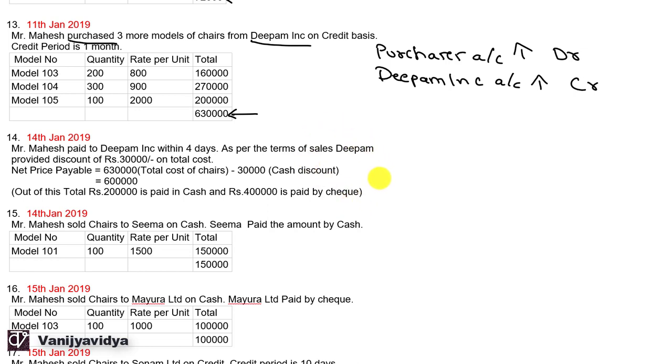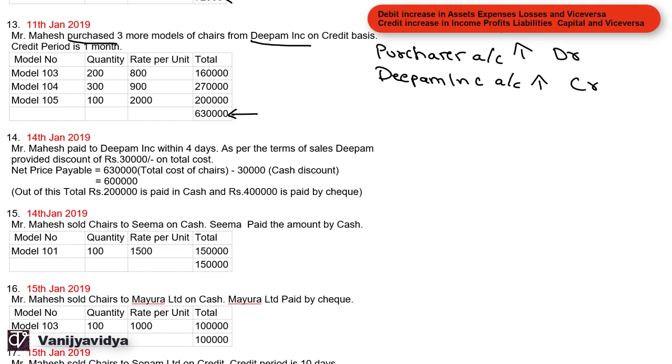Now since Mahesh had funds, what he decided was he'll pay Deepam Inc. immediately, that is within 4 days, and he'll avail a discount of 30,000. Now this discount of 30,000 is a cash discount. Now let's see this transaction.